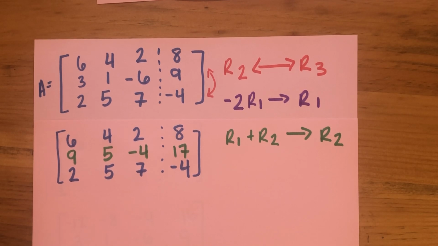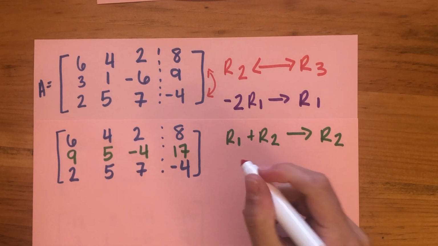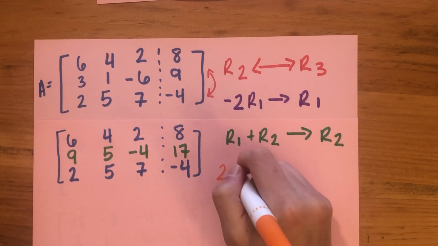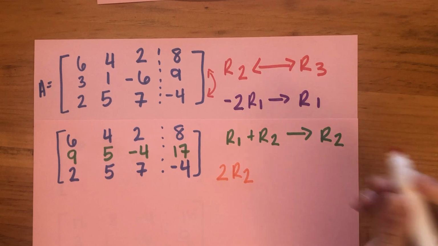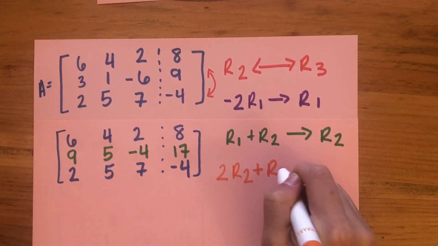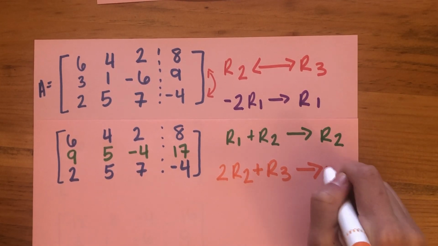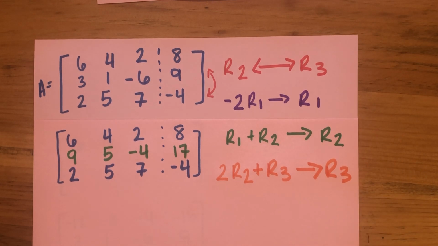Okay. Let's say now what we want to do is 2 times row 2, add it to row 3, and keep it in row 3. Well, I always like to stay with what's staying the same.